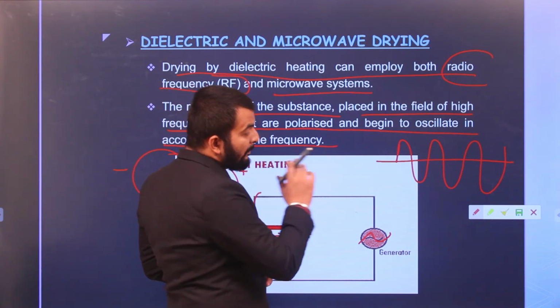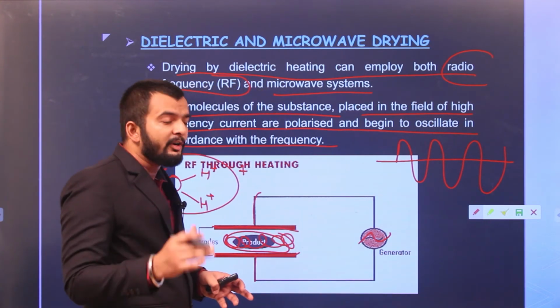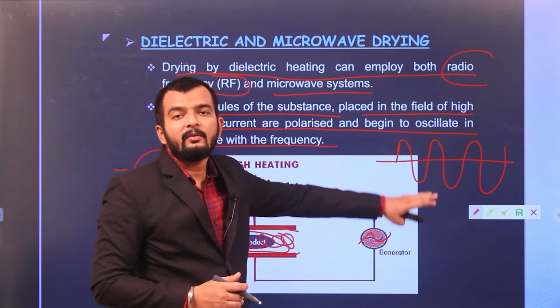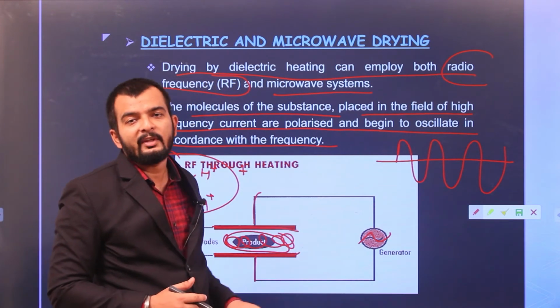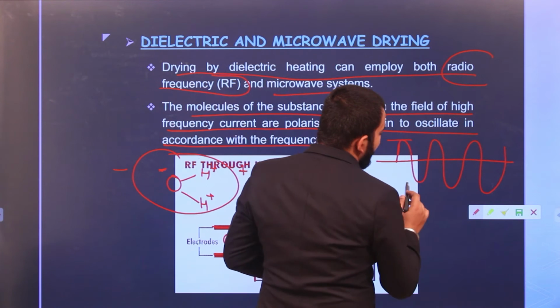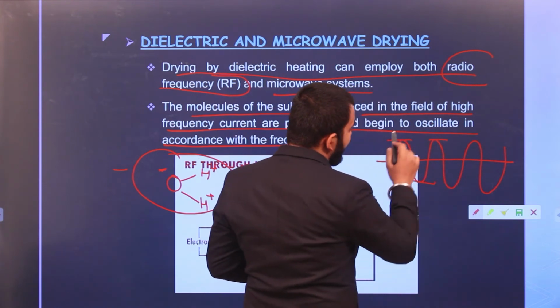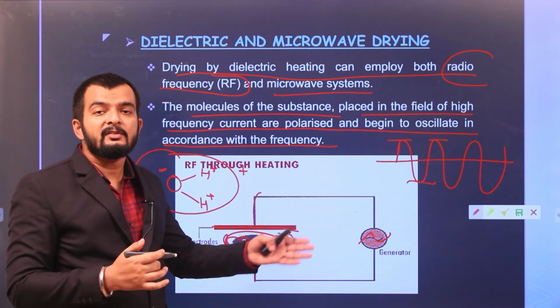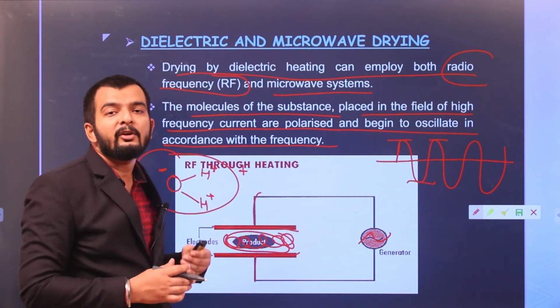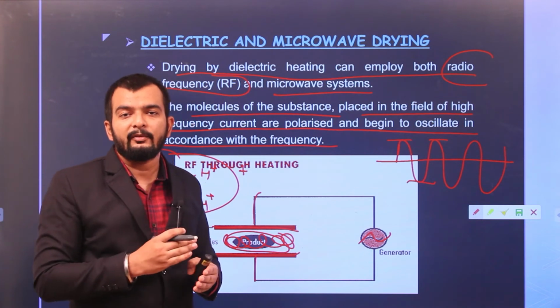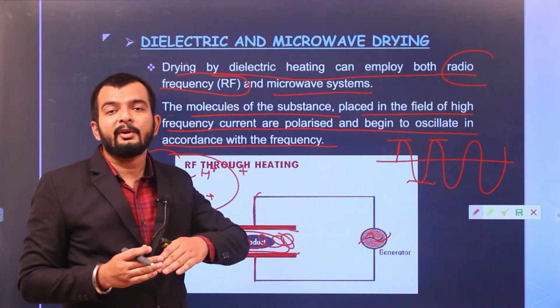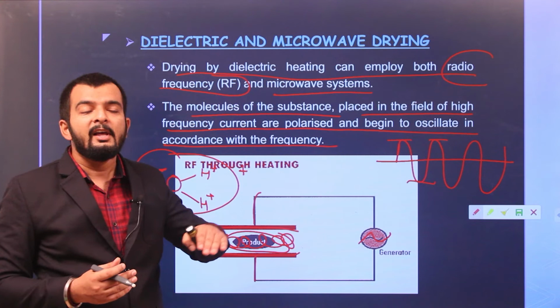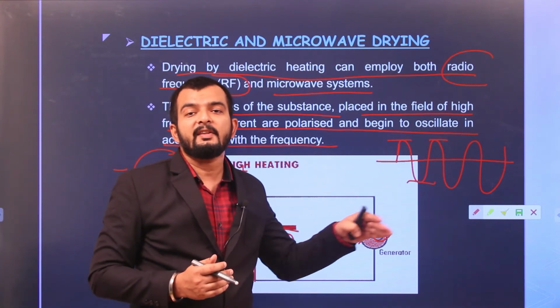When this polarized water molecule is placed in a high oscillating frequency whose polarity is continuously changing, the water molecule will try to adjust its orientation based on the electric field which this electromagnetic radiation is establishing.